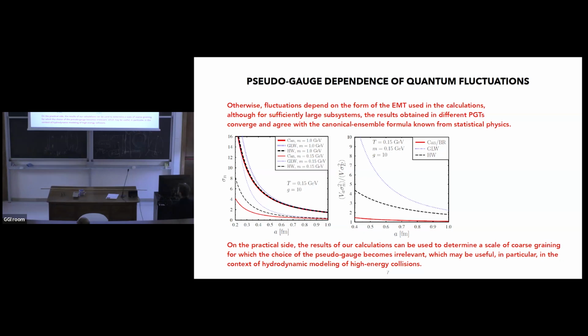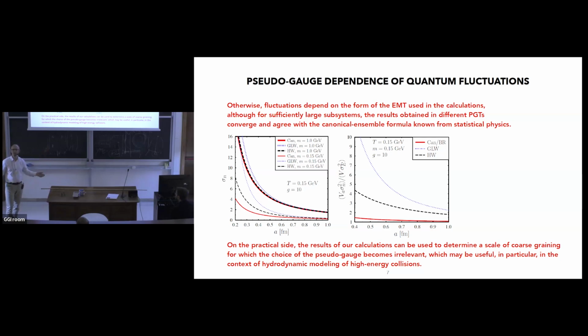But of course, if you go to very small scales, then you will have large fluctuations of pressure. This is a quantum fluctuation. So basically, one could follow this idea and use this as an input for fluctuating hydro to have an idea of the scale of fluctuations that you would get.